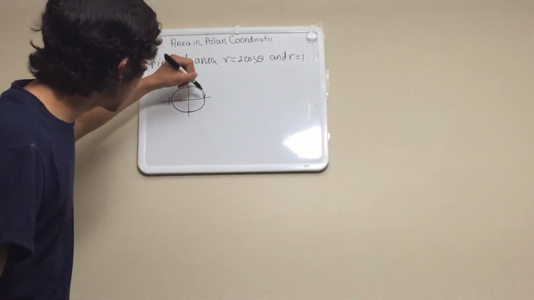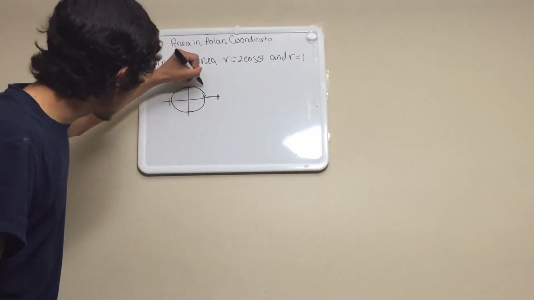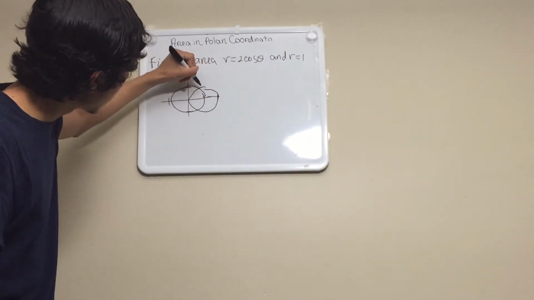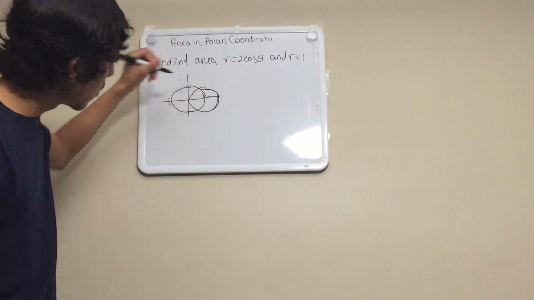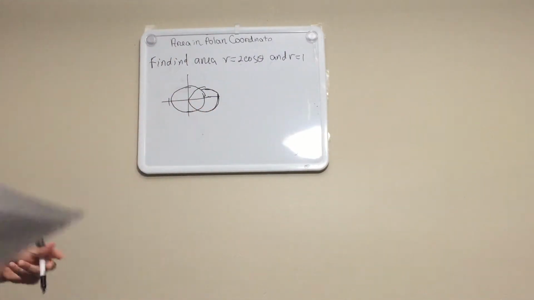So that graph is going to be shifted to 2. It's going to look like this. So now we have to find the area of that.